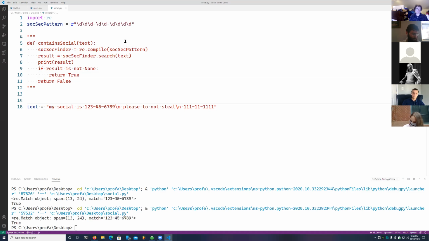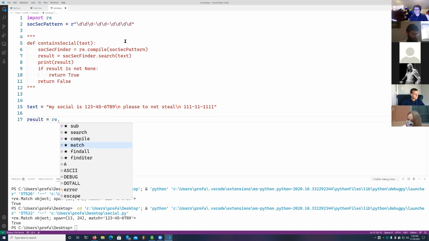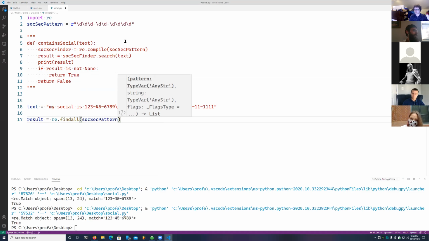Okay, so here's another way we can do this. Print. So let's go with result is equal to re dot findall. I like using this one the most, at least for looking for regular expressions. You give it a pattern, the regular expression you want to look for, and then your target, like this.